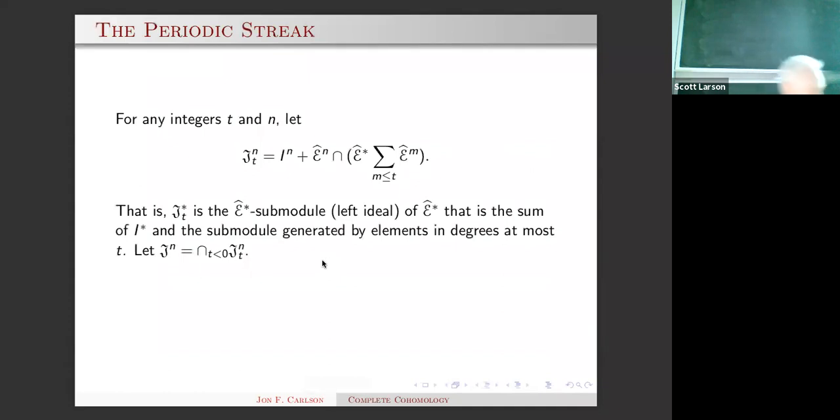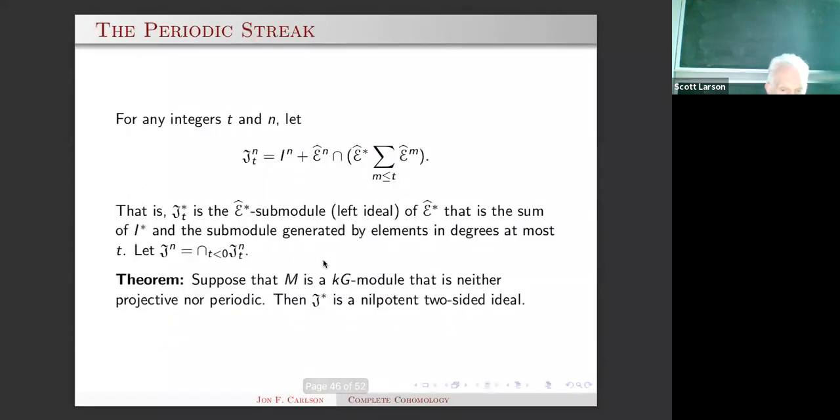I'll just mention you can get something that I call the periodic streak, which is what you get when you take the part of J that can be generated in arbitrarily large negative degrees. That is actually going to be periodic. The element zeta that we talked about would give it a periodicity. And so this is a nilpotent two-sided ideal.